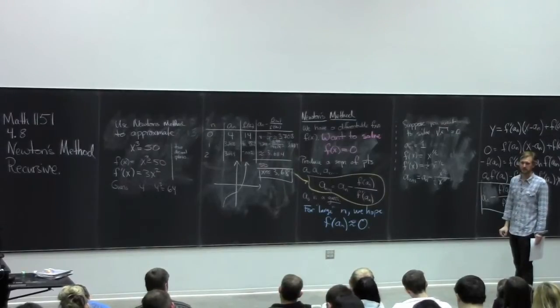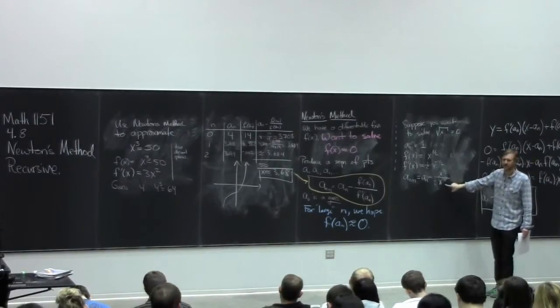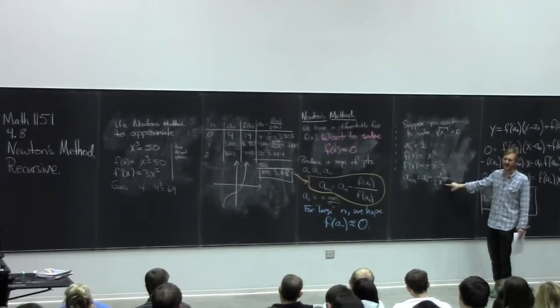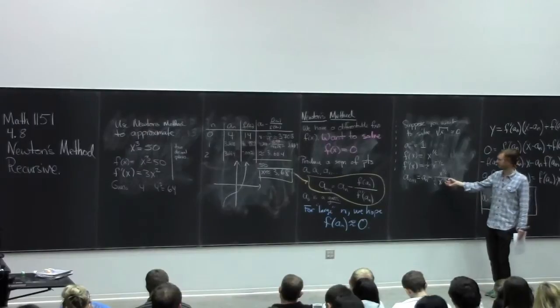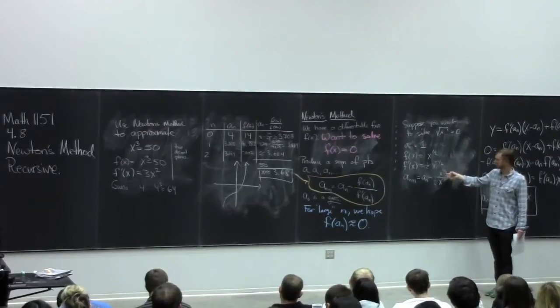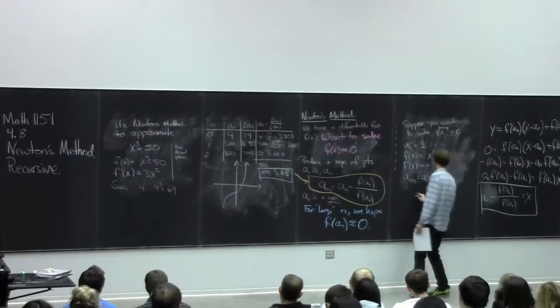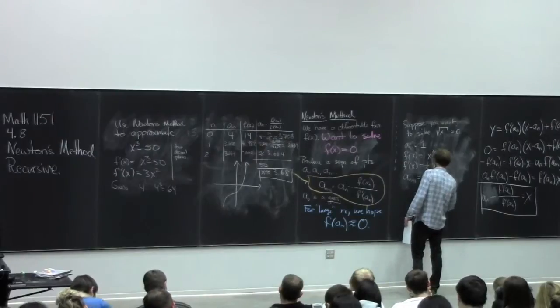What's x to the 1/2 divided by x to the minus 1/2? It's just x, because this flips over, so this is going to equal a n minus 2.